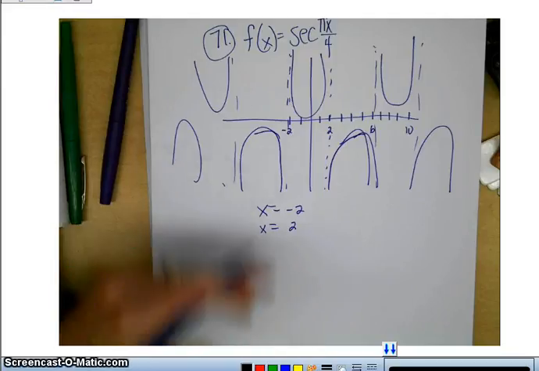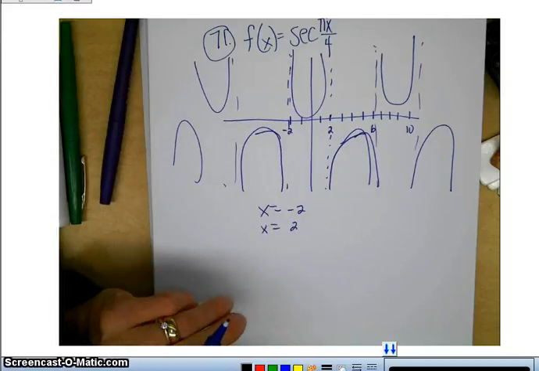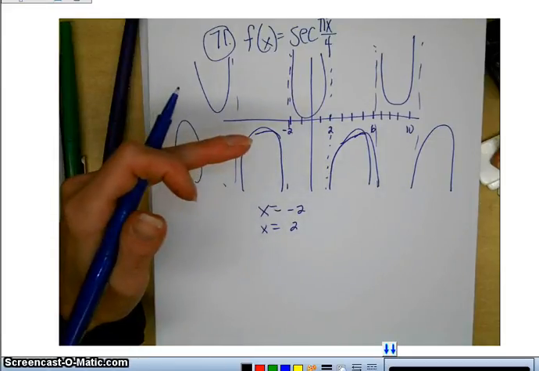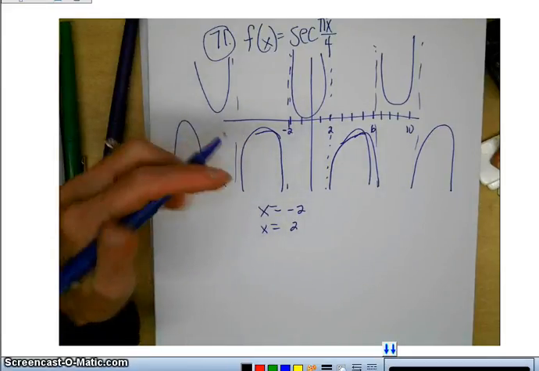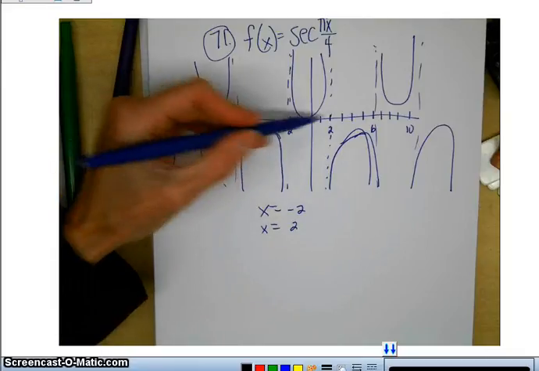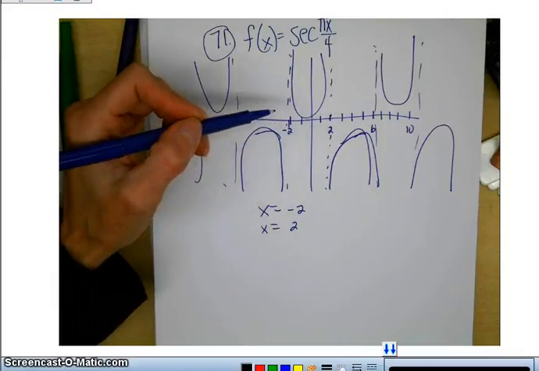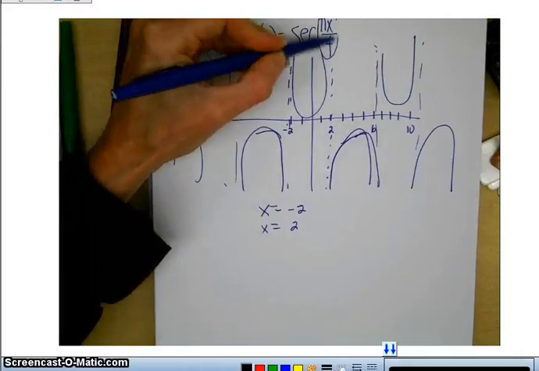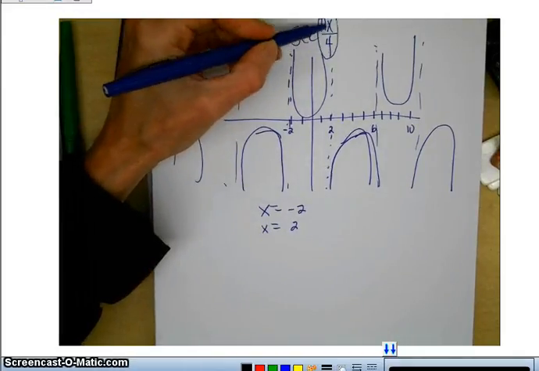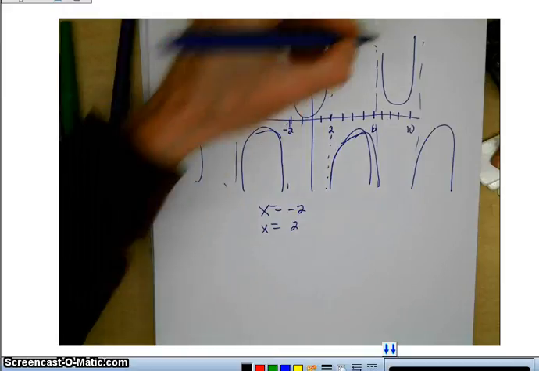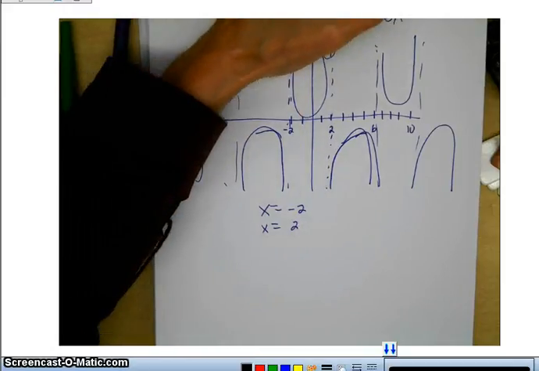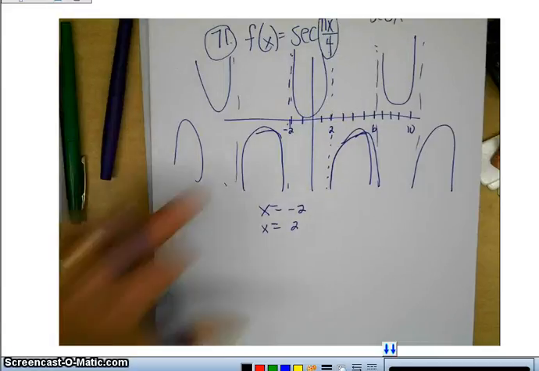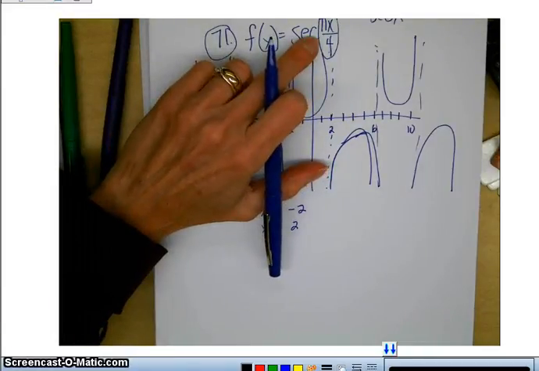Okay, there is a pattern though, and you learned how to deal with patterns and write the patterns into equations back in pre-calc. So you know for sure that there are two of them at -2 and 2, and actually you should realize that the pi over 4 in front of the x tells you that the normal secant of x function, which has a period length of 2 pi, will change.